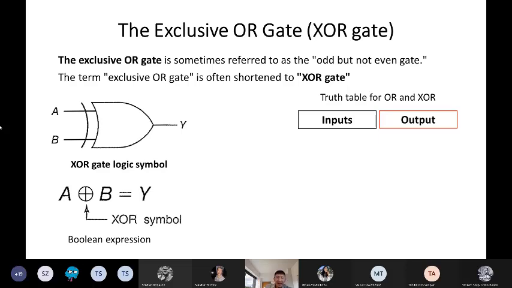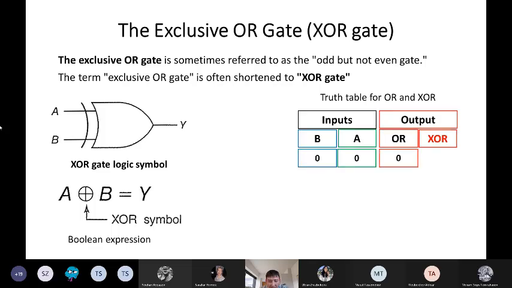Now maybe for the simple one it will not be clear, but in the next slide we will see a more complex 3-input XOR gate. So let's just fill this one. A is 0, B is 0, OR is 0, and XOR also will be 0, because we need to look only at the high inputs.